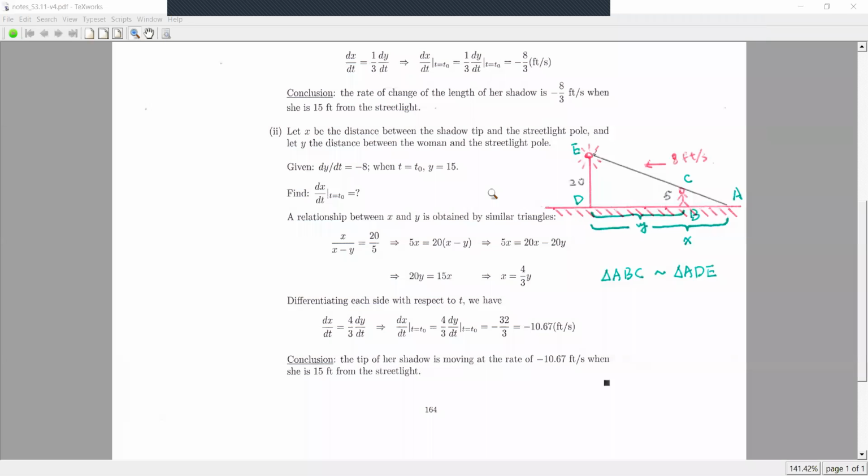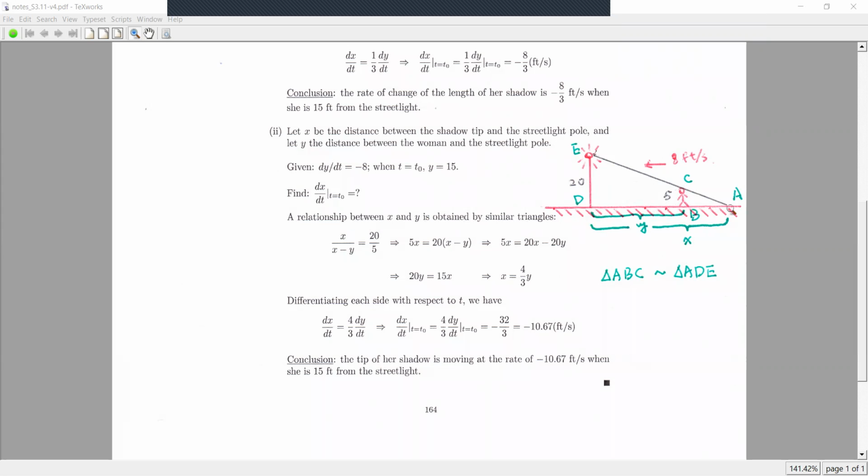Step 4. Relate the unknown to the givens. One relation between x and y is from similar triangles. The triangle ABC is similar to the triangle ADE.